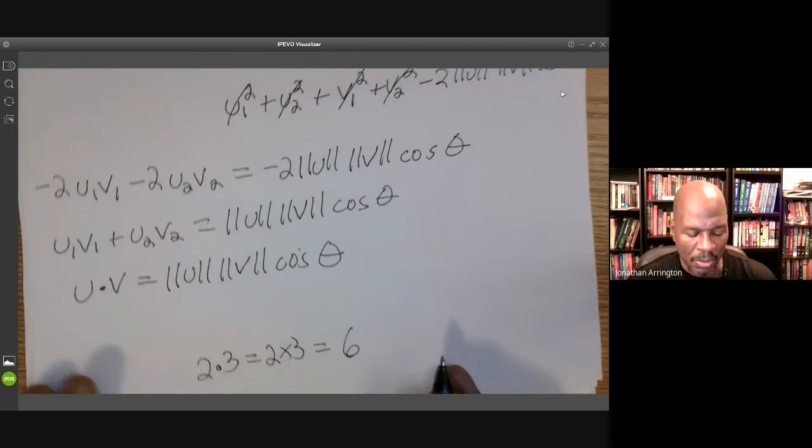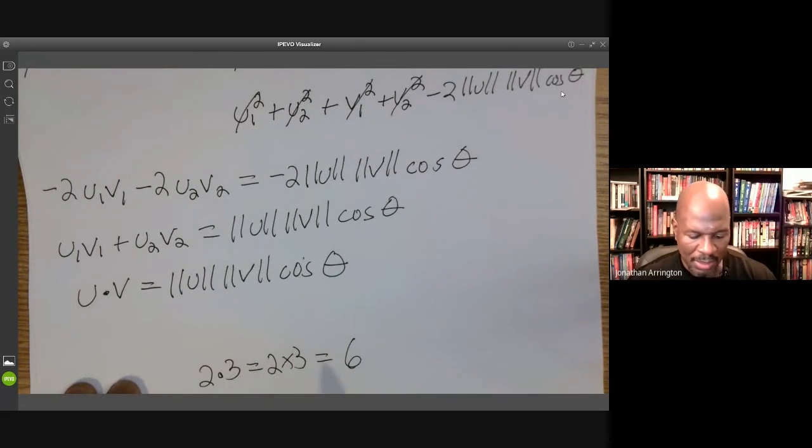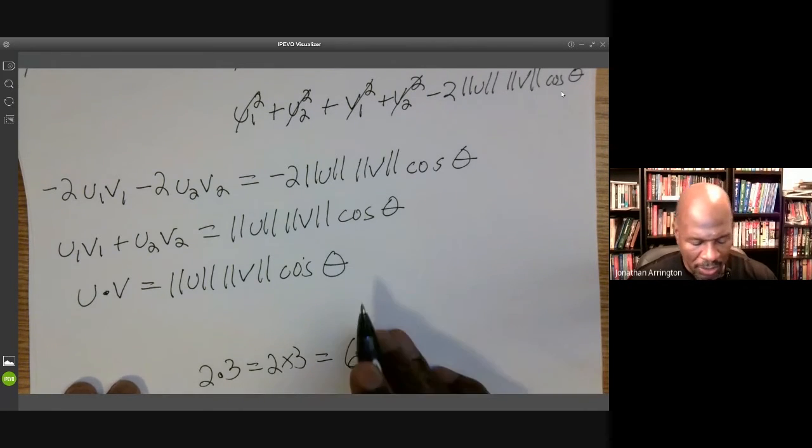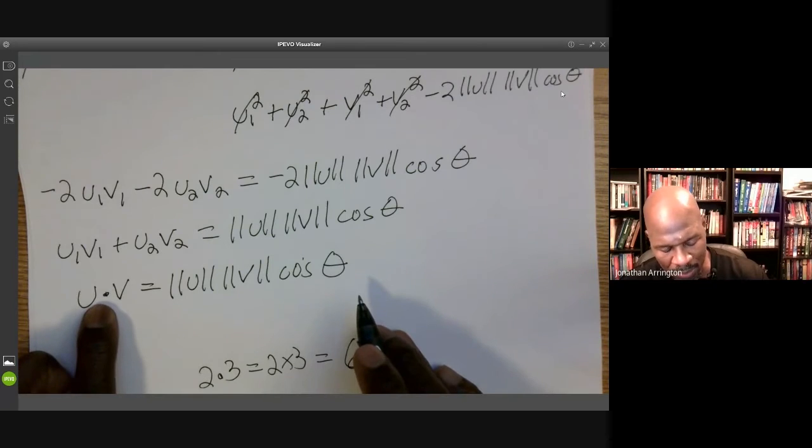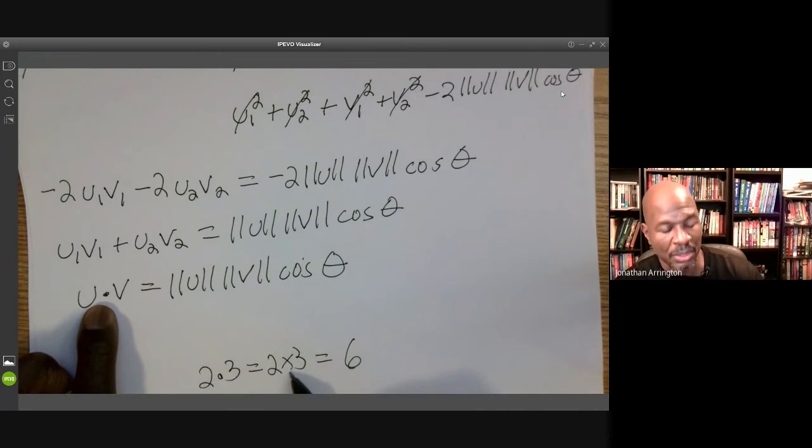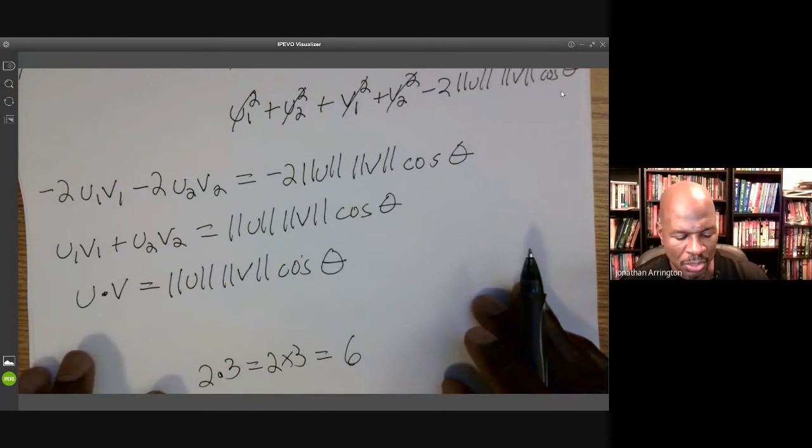For vectors, however, a dot product and a cross product are two different things. A dot product gives you a scalar, a cross product actually gives you another vector. So when doing this, don't think that this dot I put here can just be interchanged with a cross. When it comes to vectors, the dot product and the cross product are two totally different things.